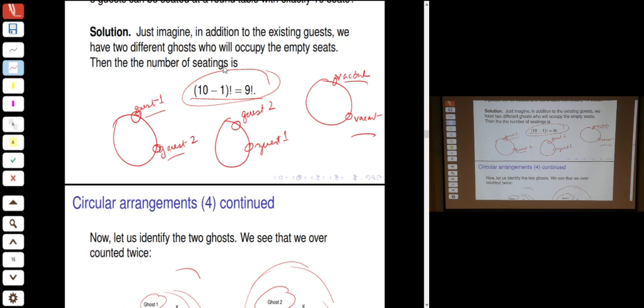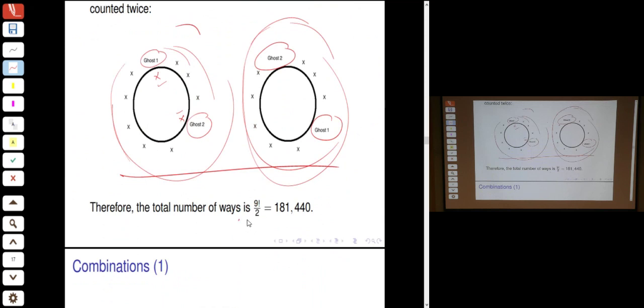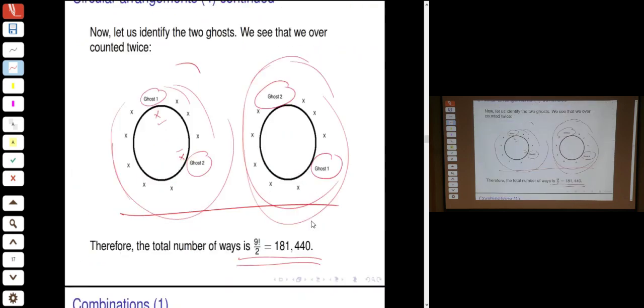So this 9 factorial overcounts the true number of arrangements by a factor of 2. To get the actual number of arrangements of 8 guests around a round table of 10 chairs, you should divide 9 factorial by 2, and get the answer as 181440. Okay. Any questions?